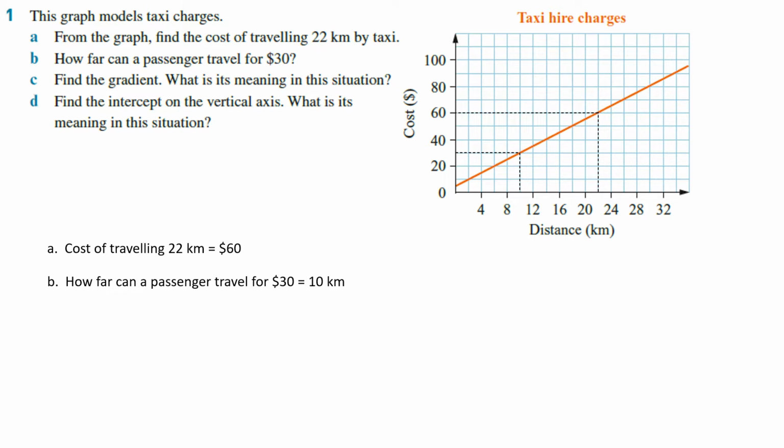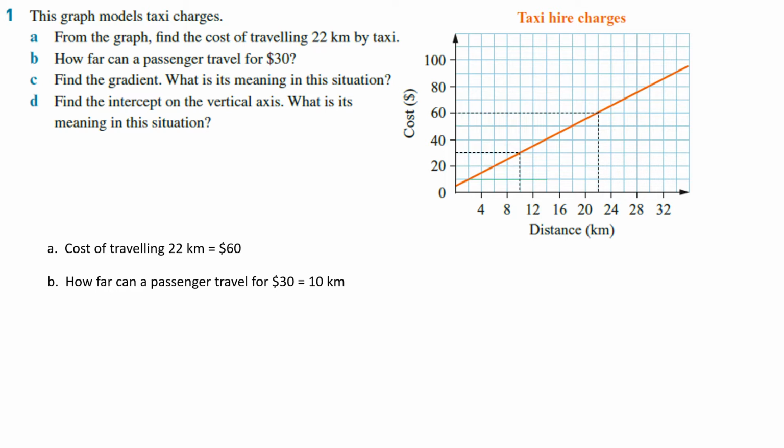Part C. Find the gradient. What is its meaning in this situation? So we need to find 2 points that we can use to do rise over run. So we can start at the point 2, 10 on the red line.